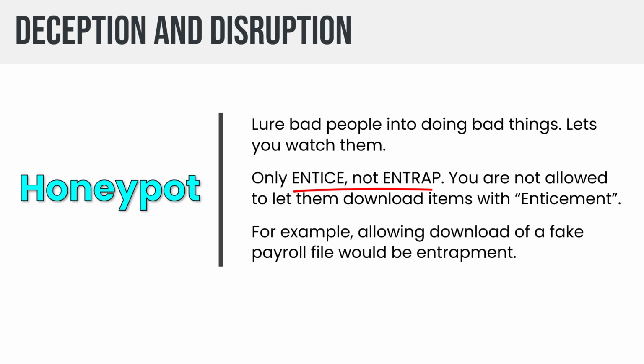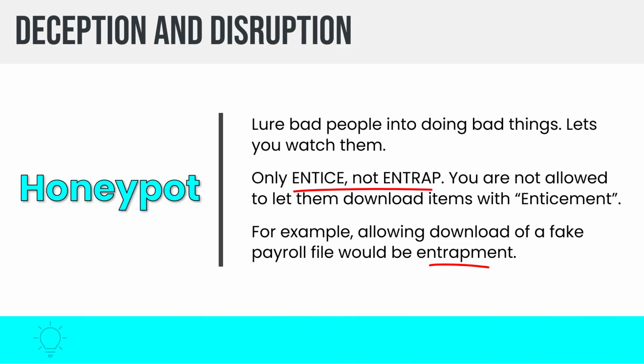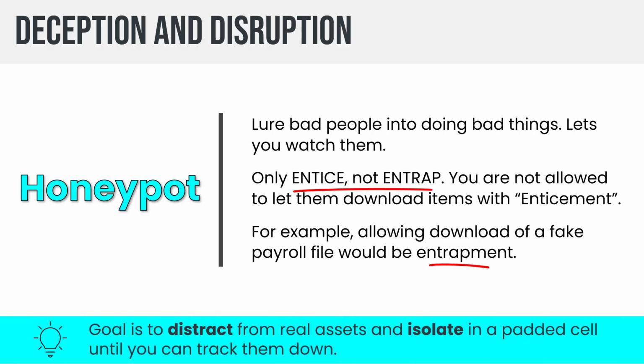For example, allowing an attacker to download a fake payroll file to actually commit a crime would be entrapment, at least in the context of U.S. law. The goal is to distract from real assets and to isolate them in a padded cell until you can track them down. A group of honeypots, incidentally, is called a honey net.